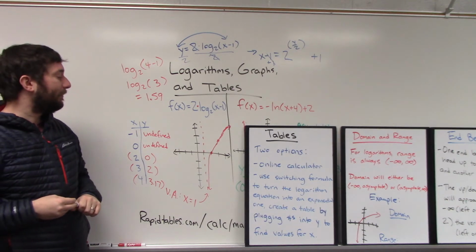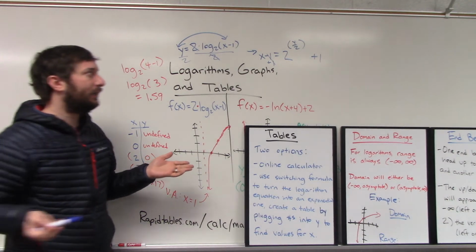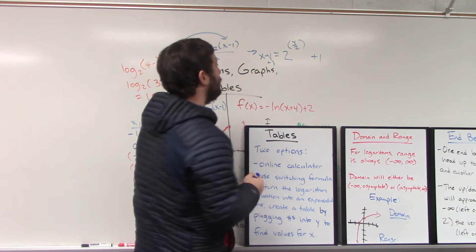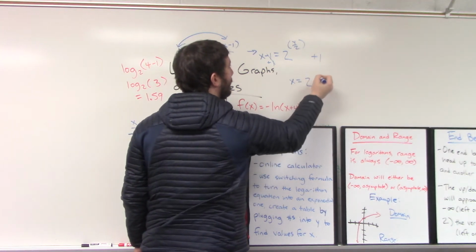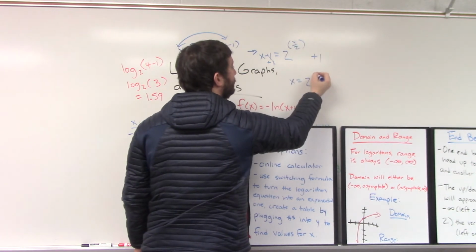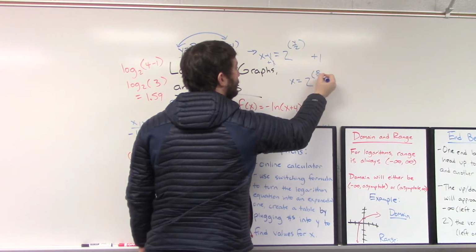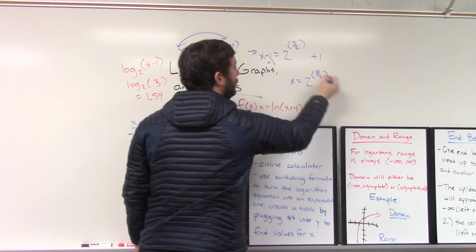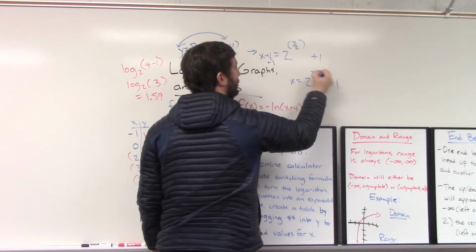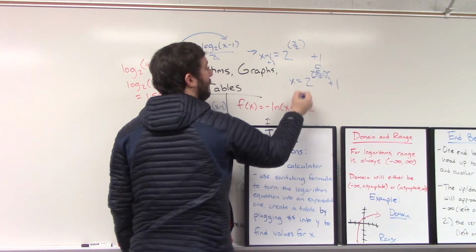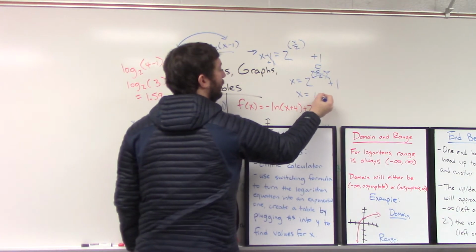what's going to happen if I plug maybe 0 into y, for example? If y equals 0, this is just an example, you can plug any number into y here. 0 divided by 2 is 0, right? Anything divided from a 0 is a 0. 2 to the power of 0 is 1.